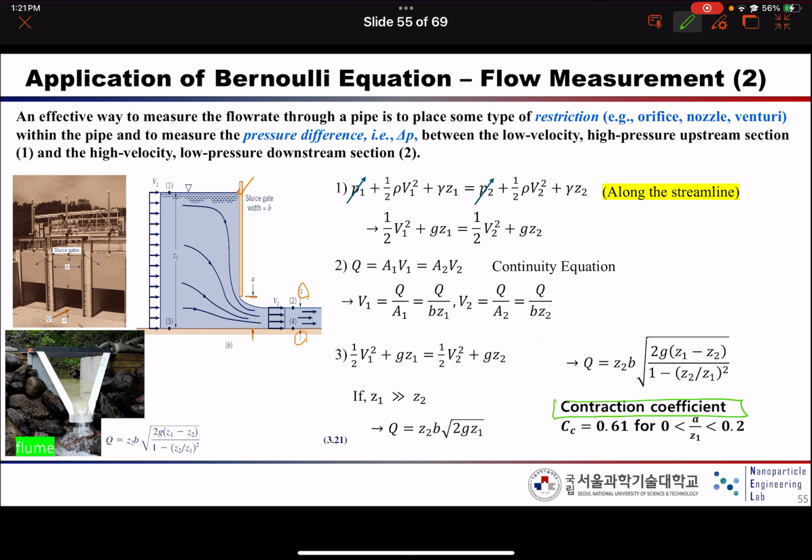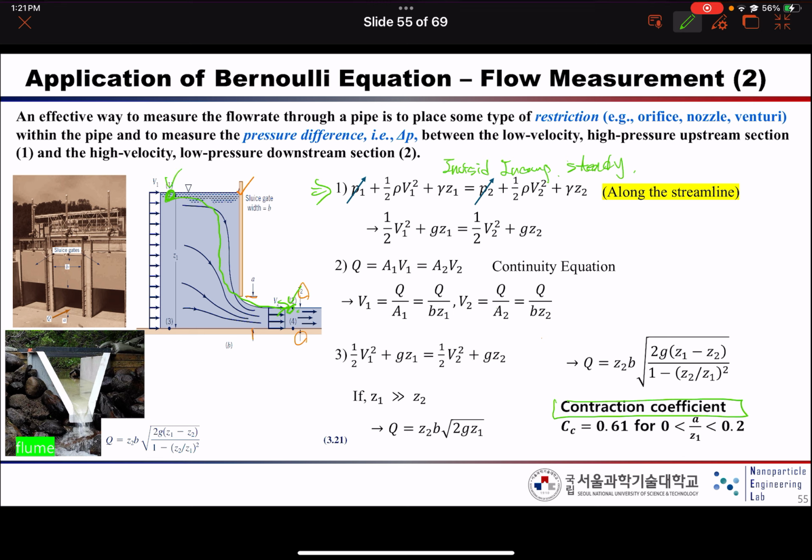If you analyze point 1 and point 2 connected by the streamline, we also make the assumptions inviscid, incompressible, and steady. In that case, you can use the Bernoulli equation like this.